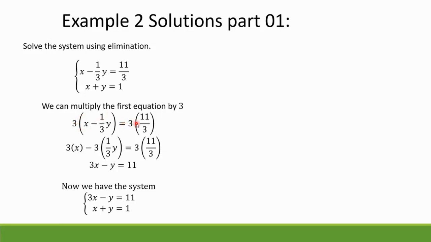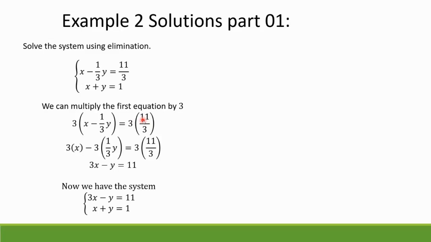Basically, we're doing what we dealt with in section 1.1. We had an equation, although it was an equation in one variable, the idea is the same here. If you have fractions, you can eliminate them by multiplying both sides by the least common multiple of the denominators. But in this case, the denominators are the same, so you just multiply by the denominator itself.